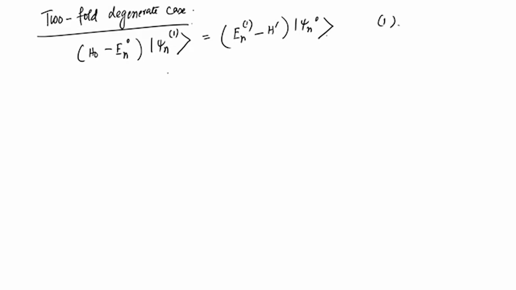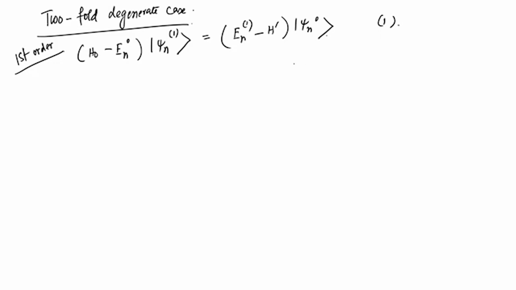This is at the first order. We are developing this 2-fold degenerate case at the first order, and in fact anything beyond first order is a little more complicated. We will see some examples, but may not solve them completely. So this is the first order equation that we start with.